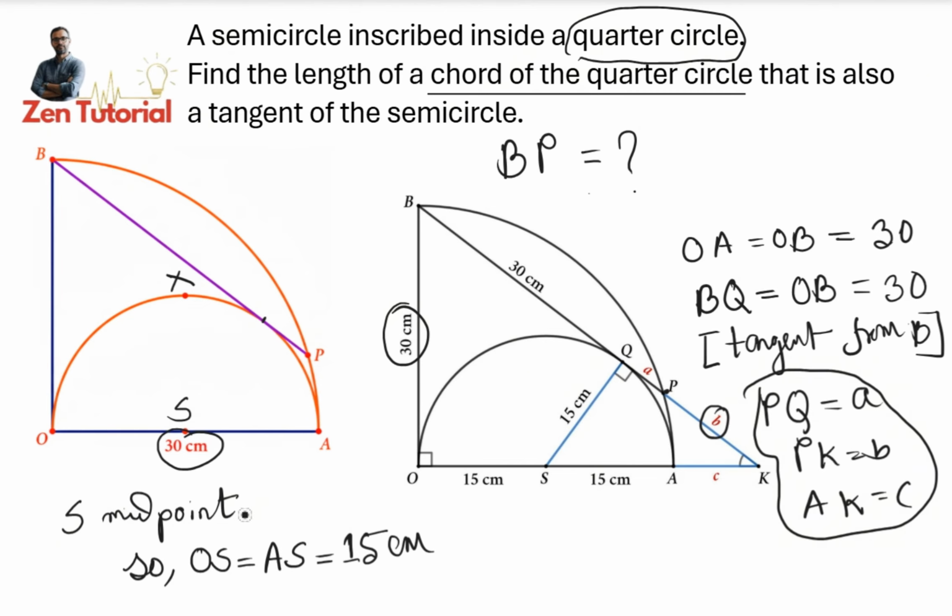And again, what we have to calculate? We have to calculate the distance of BP. We already have the value of BQ. Now what is our target to determine? That is PQ, right?